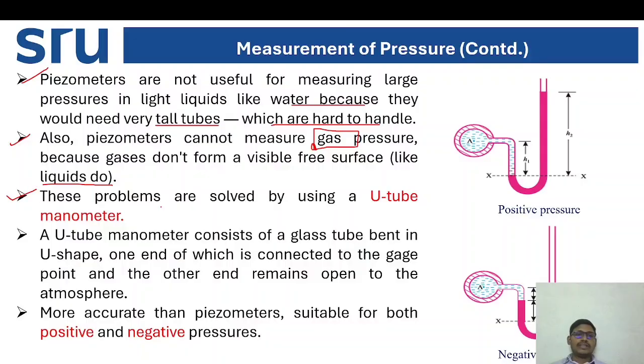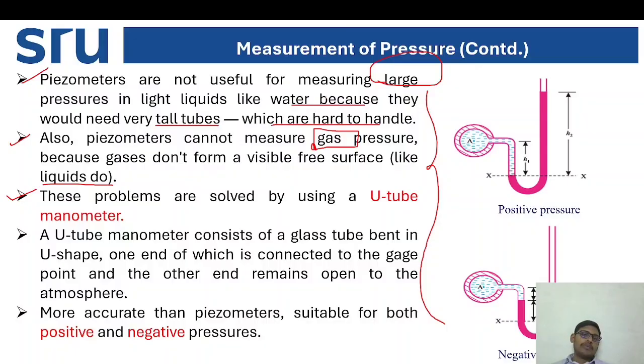And one more thing, these problems are solved by using a U-tube manometer. So this is a U-tube manometer, you can see. So that means, first, piezometers are not useful for measuring large pressures in light liquids like water, because they would need very tall tubes, which is very difficult and hard to handle.